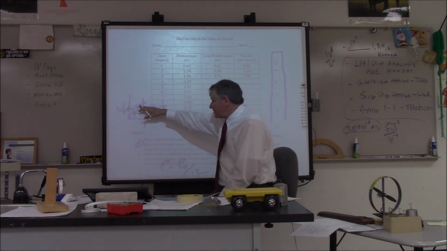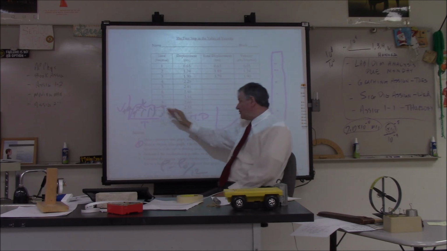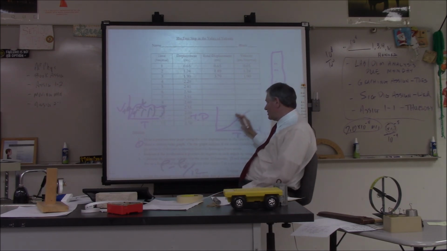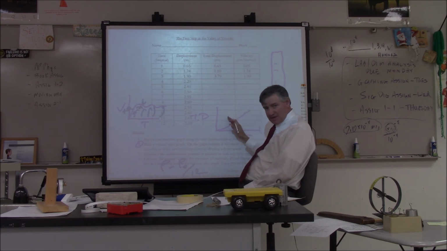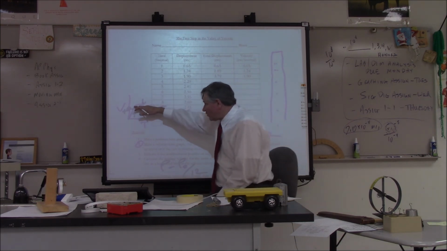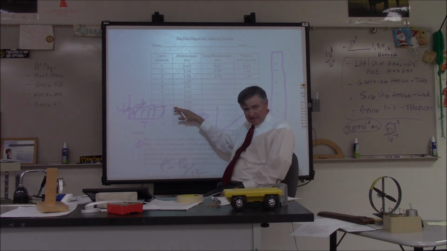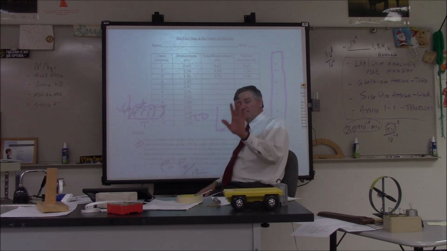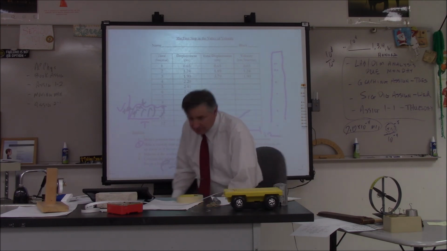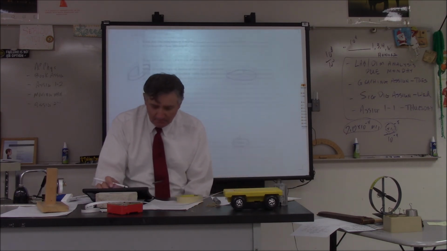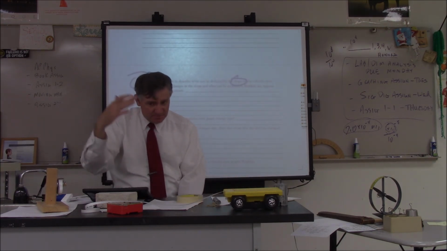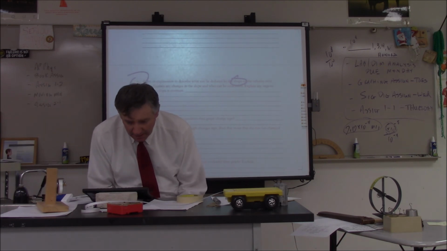When this graph becomes relatively horizontal, that's when this graph becomes a straight sloping line. So a straight sloping line on a position time graph correlates with a horizontal line on a velocity time graph. Okay? That's one of the most important things that you have to get straight. So anyway, number 6, talk about the shape of the graph.